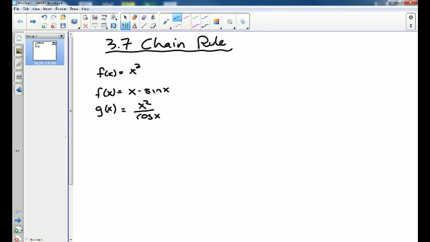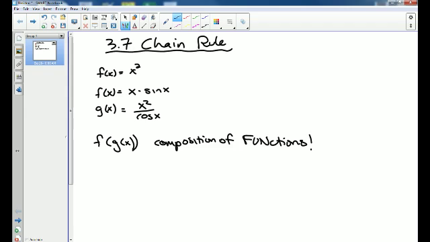What have we not done? Chains. We have not done composition functions. Exciting. We have not touched that in a derivative, have we? No. That's what the chain rule's for.